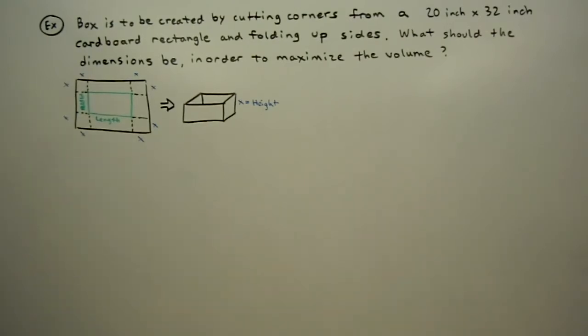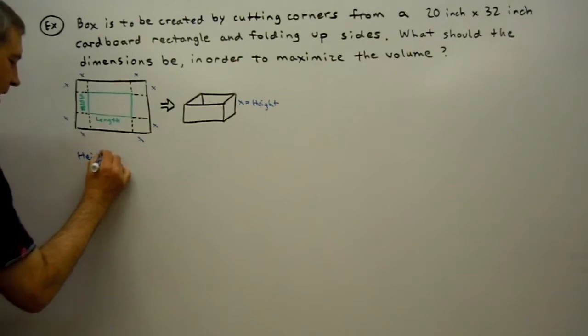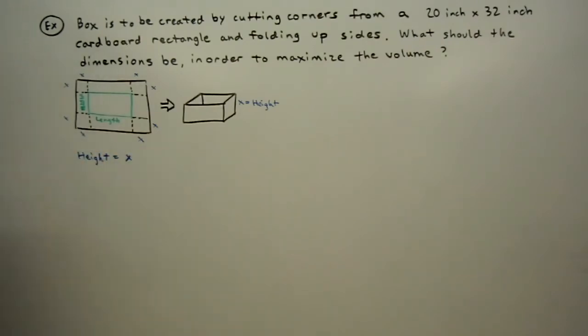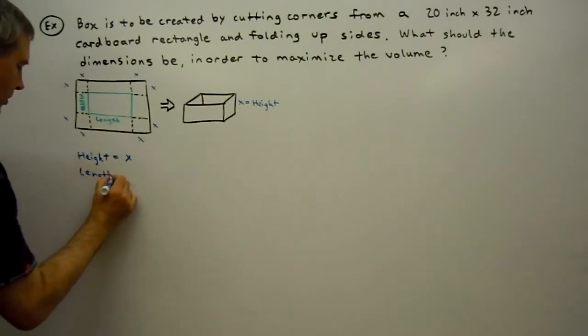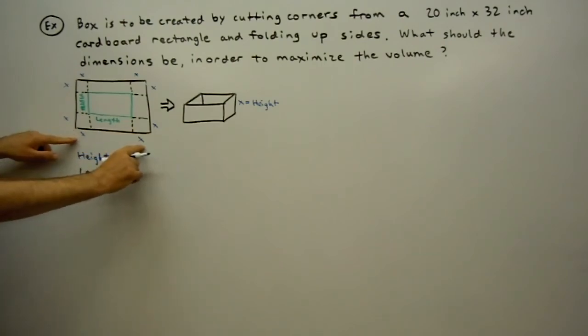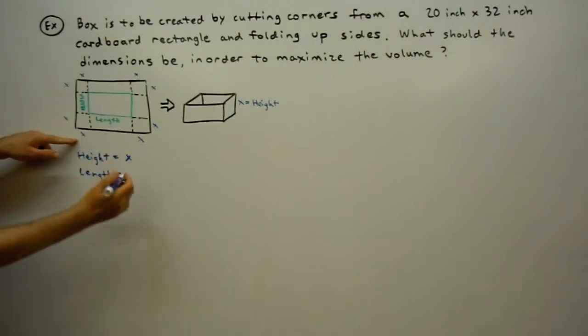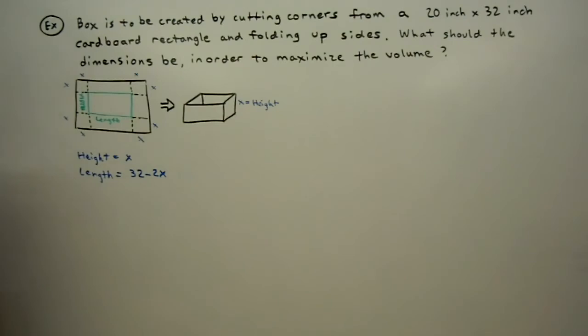The height of the box, of course, once we have cut away the square corners and folded it up, would be x. And then the length, if we consider the length to be the long side, the entire length of the cardboard piece was 32 inches. But if we remove x twice, then that length is going to be 32 minus 2x.